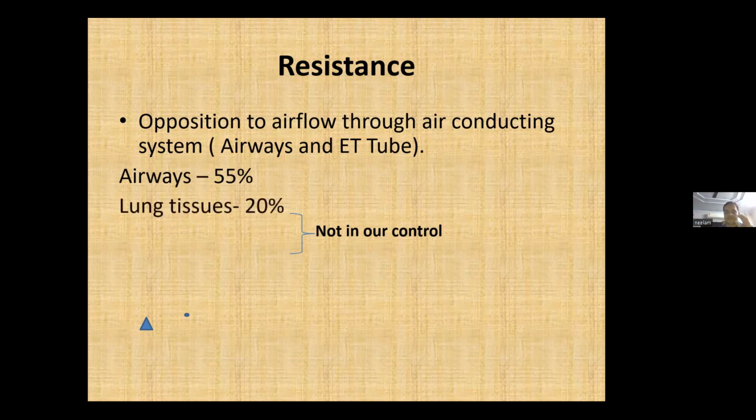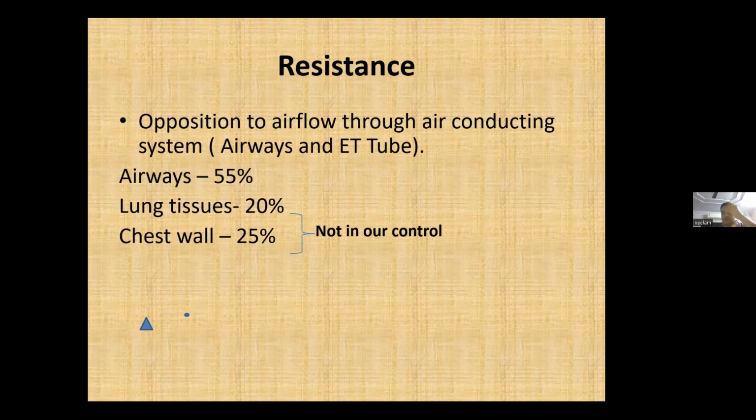Whereas there is some resistance which is what we call viscous resistance. So with viscous resistance, it is the gas molecules. Even the air which is passing from the ET tube to the lungs has a lot of molecules. So when these molecules are flowing across one another, there is always friction between the air molecules also.